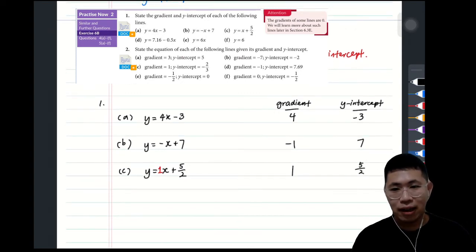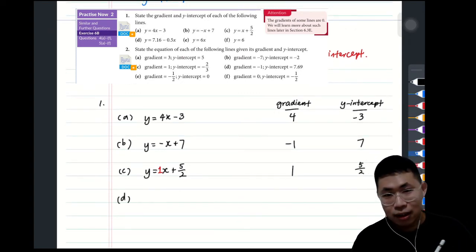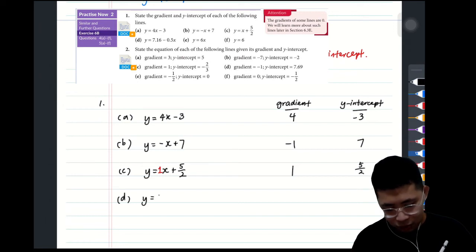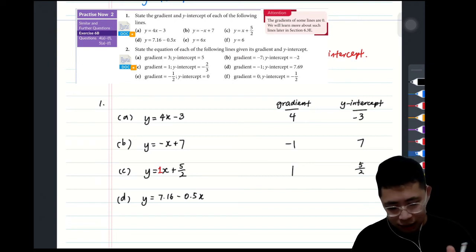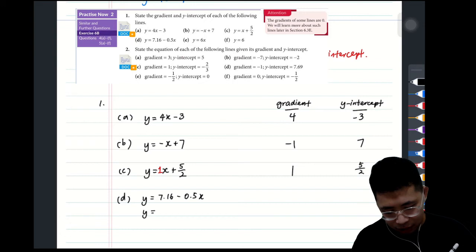Okay, right, d. We have y equals 7.16 minus 0.5x. Now is this in the y equals mx plus c form? No. If it's not, let us rearrange such that we will get that form.